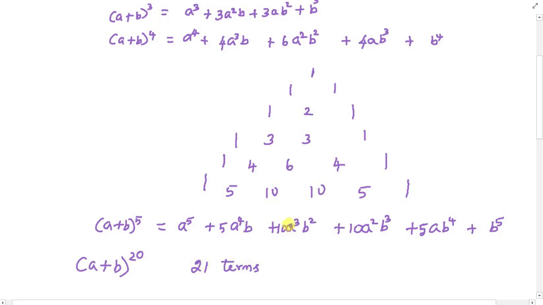But think about the Pascal triangle for the coefficients of terms in between a power 20 and b power 20. It will be very large in size and it will be time consuming to deduce the coefficients of these terms. So in such a case we can use a theorem called Binomial Theorem to deduce the coefficients of all the terms.